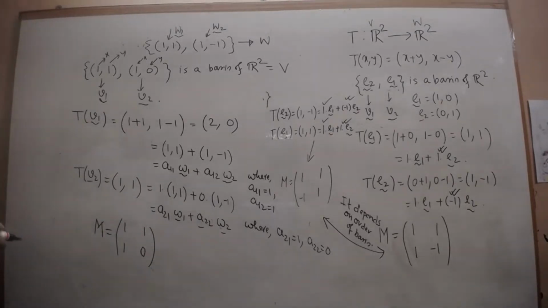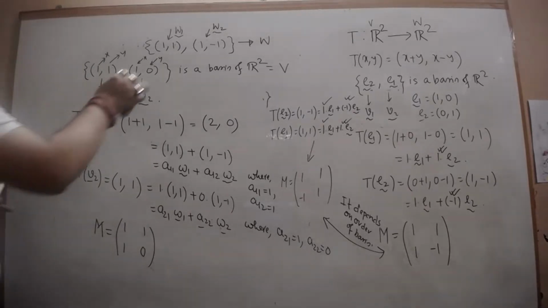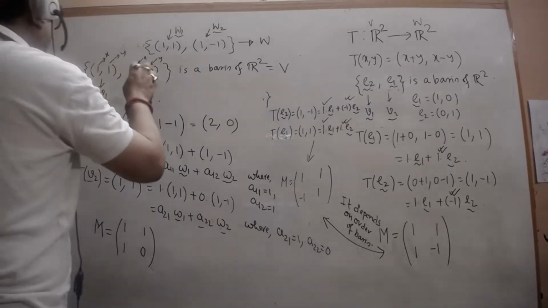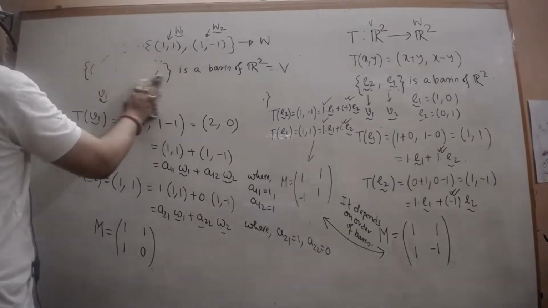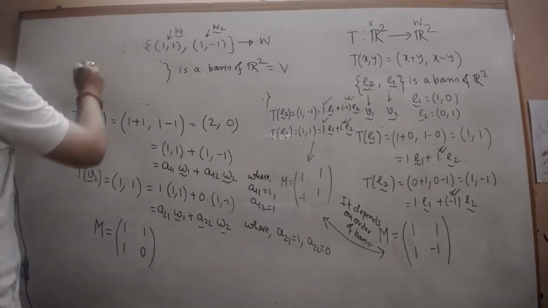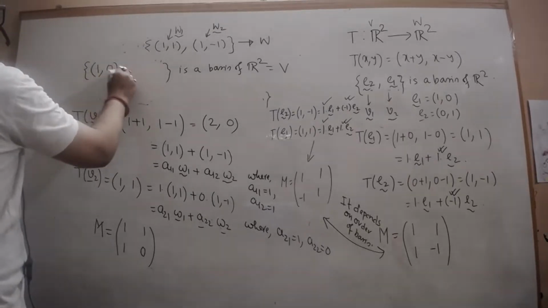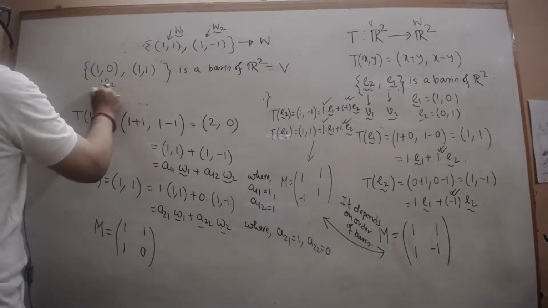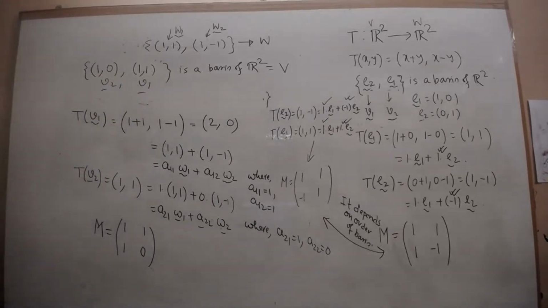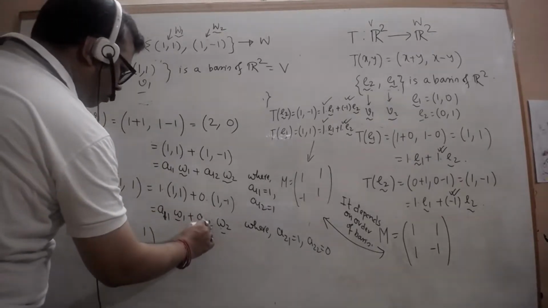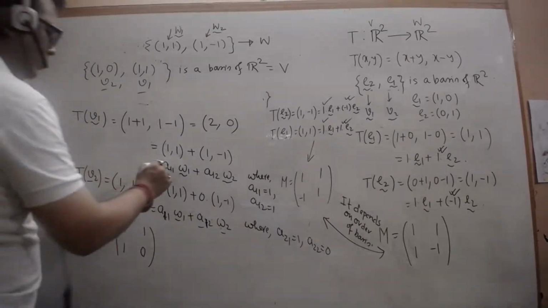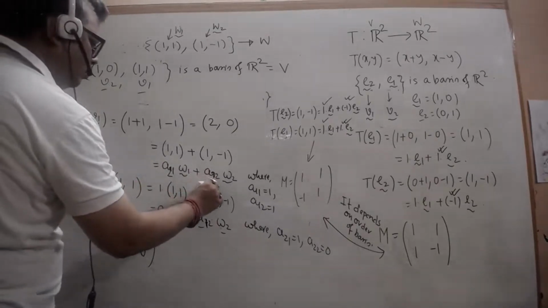Here again we also check that if I change the order of a basis, instead of V1 V2, I take V2 V1. That means 1 0, 1 1. That is V2 V1. So in that case, this is your A11, A12, and this is your A21, A22.